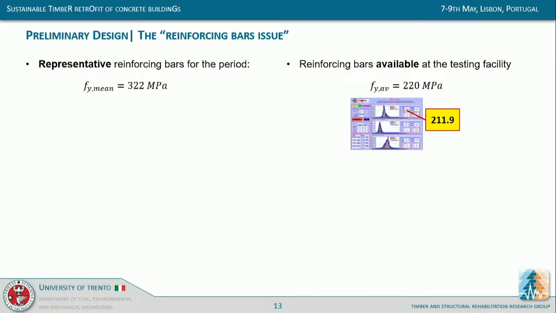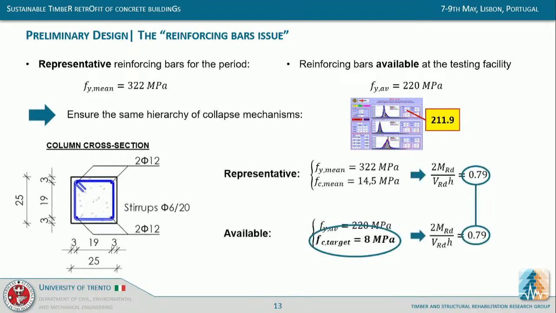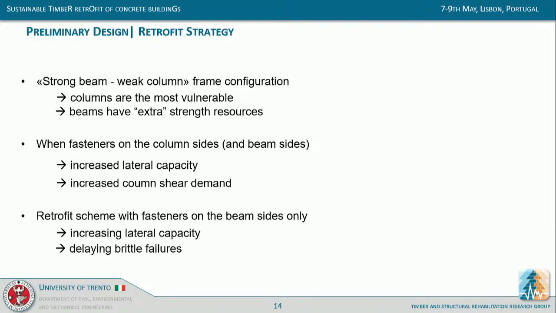But in order to ensure the same hierarchy of collapse mechanisms that we would have by taking into account the most probable properties, we had to modify and have a reduced target compressive strength for the concrete, and we did that by looking at the ratio between the different mechanisms and keeping that constant.